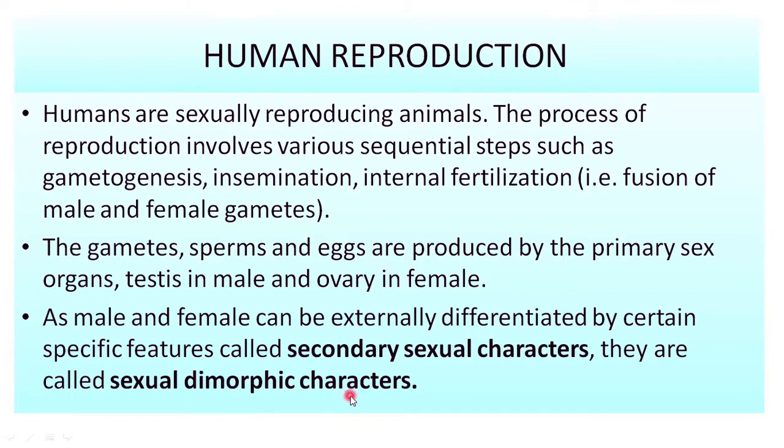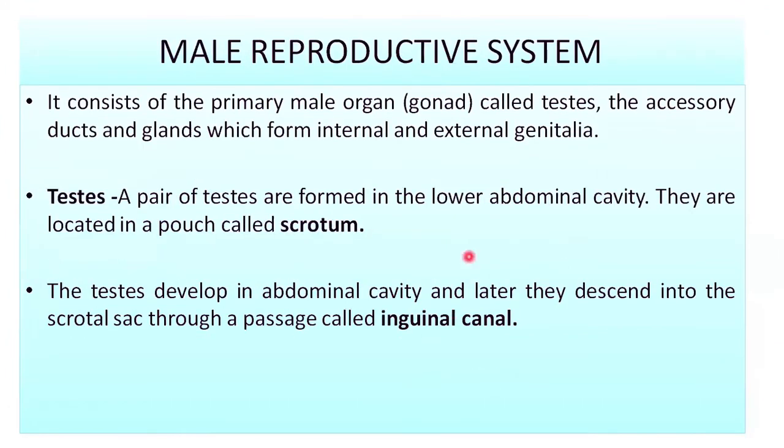For example, in male the secondary sexual characters are presence of beard, hair on the chest, muscular body, enlarged larynx, meaning Adam's apple. And in female, developed breasts, broader pelvis, and high pitched voice are also secondary sexual characters.